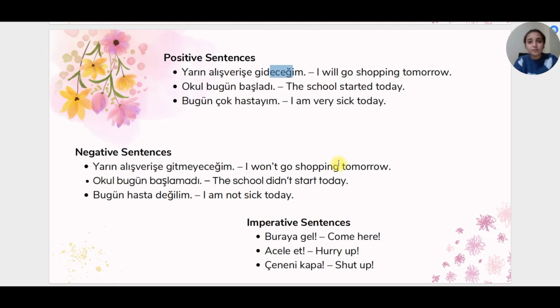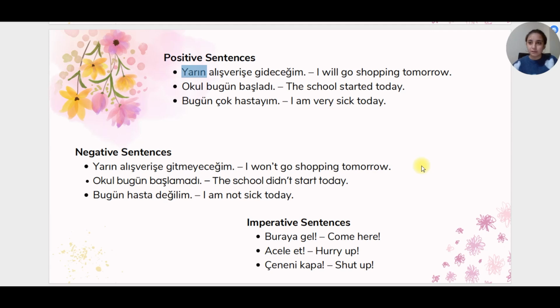That's why you don't have to say the name of the subject in your sentence if they don't have any special name like Cleopatra, Alexandra, something. And here, yarın alışverişe gideceğim. Yarın is tomorrow. I started with the I subject, ben, after that time came, yarın, and to place, to where, alışverişe, this is the place, alışverişe gideceğim, shopping.